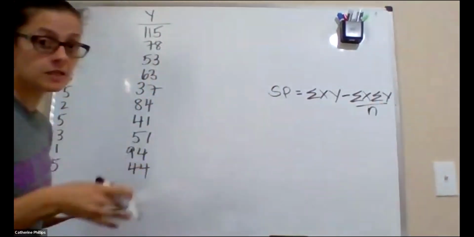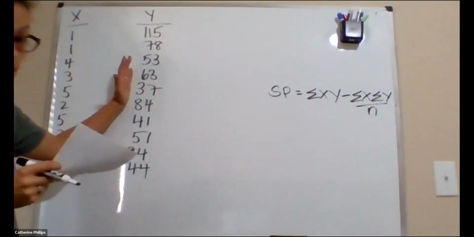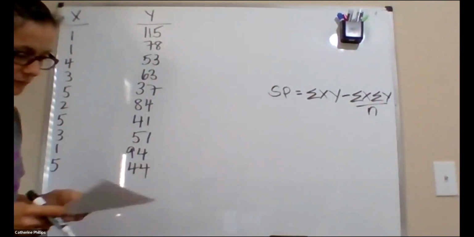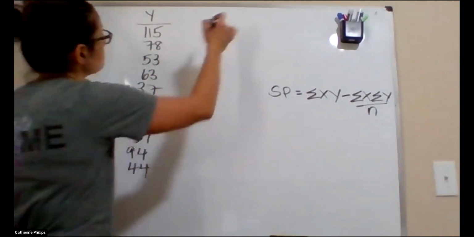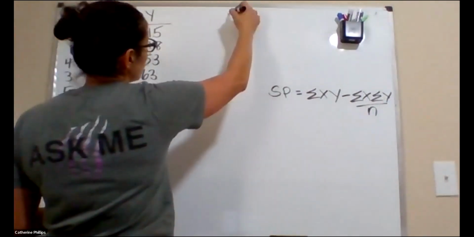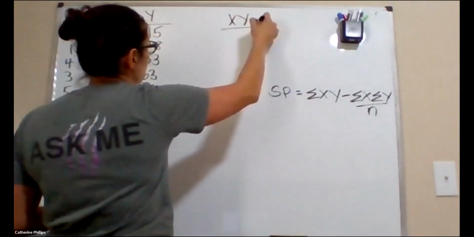And from each participant, we're getting a weight and an income. So to do this, we need a column. Put it over here, XY.